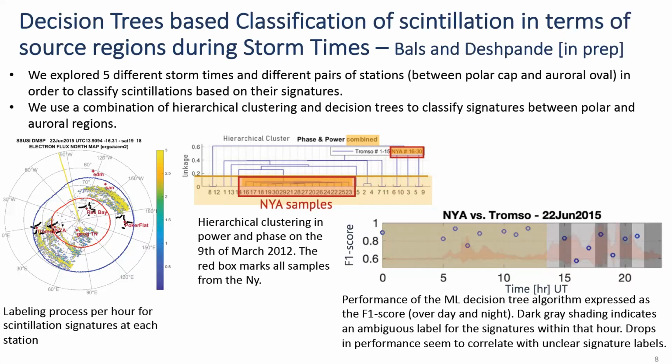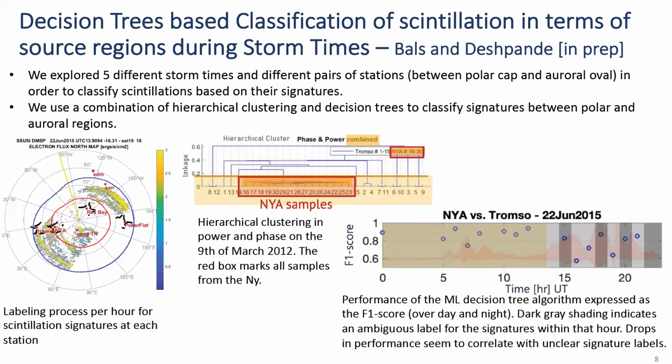Hierarchical clustering identifies signatures that look similar, and then she does decision trees, which have a tree-like structure. All the machine learning algorithm does is find decision boundaries over these different branches and try to find the shortest path to a decision, where it classifies an event to be polar cap or auroral oval.